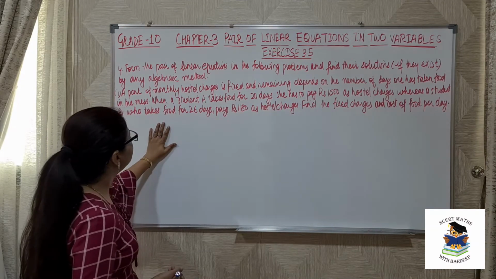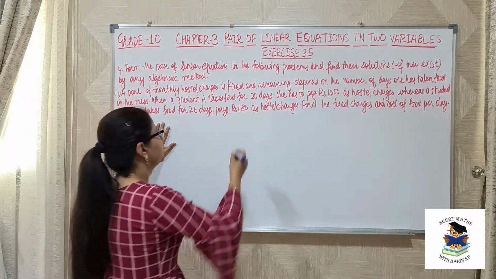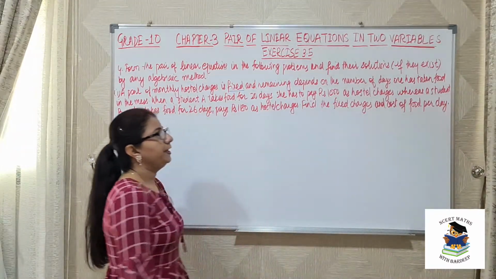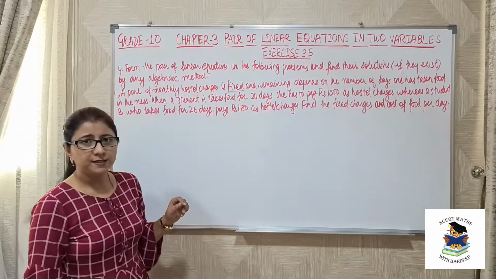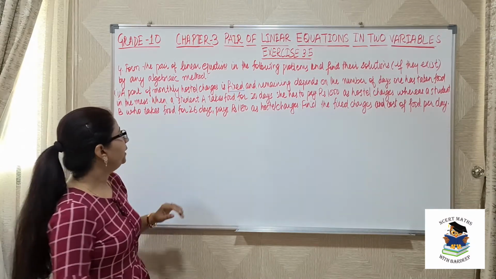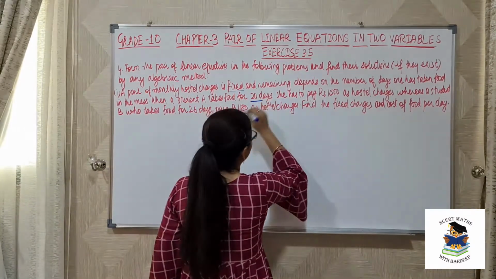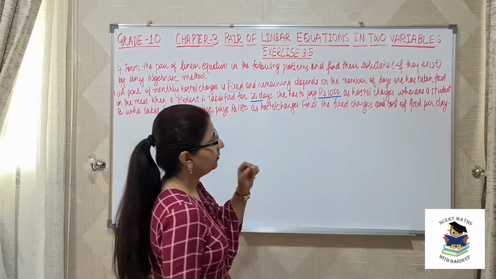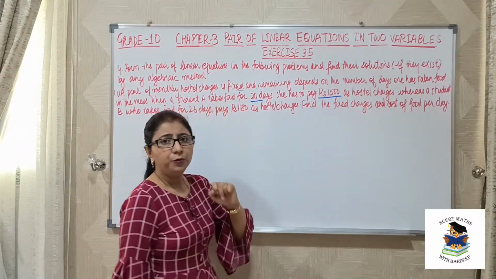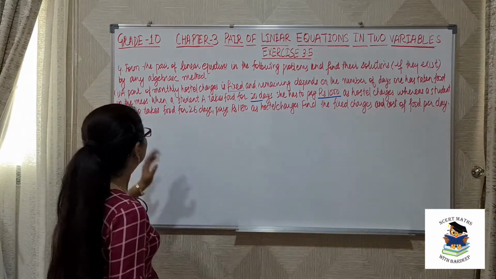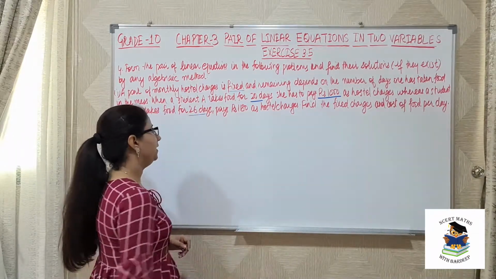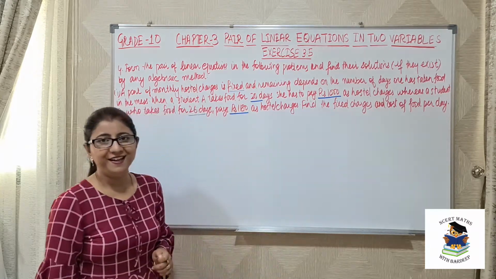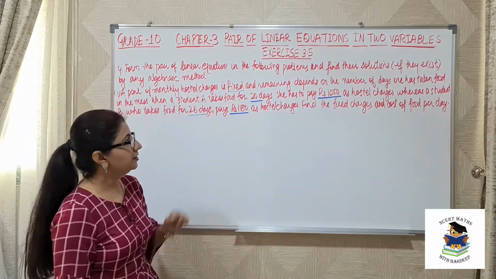A part of monthly hostel charges is fixed and remaining depends on the number of days one has taken food from the mess. When a student A takes food for 20 days, she has to pay rupees 1000 as hostel charges, whereas a student B who takes food for 26 days pays rupees 1180 as hostel charges.